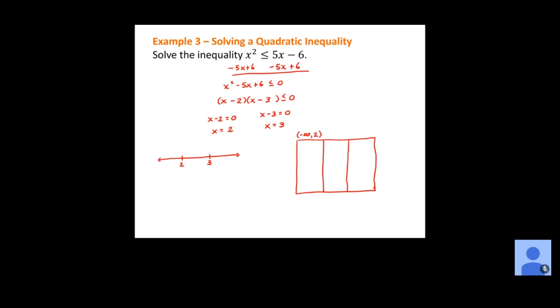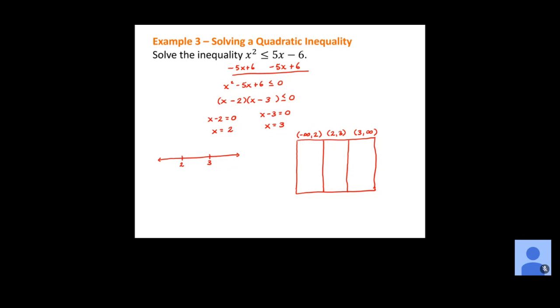Right, what's the next interval going to look like? From 2 to 3. Good. And then our last interval is going to be what? 3 to infinity. Good. So that's my first step, is to draw my table, figure out how many intervals I've created by putting the numbers on the number line, and then just label each one of those intervals.